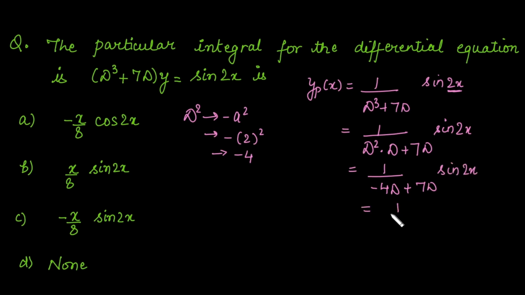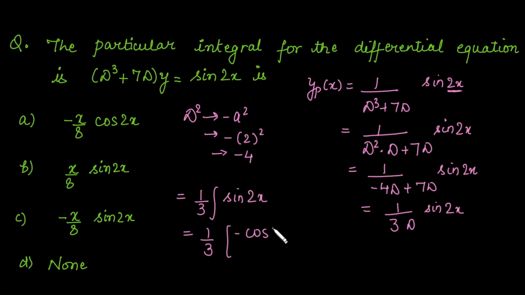So this is equal to 1 upon 3d sine of 2x. So 1 by d stands for the integration. So 1 by 3 integration of sine 2x. So what is the integration of sine? That is minus cos 2x divided by 2. So the answer is minus cos 2x by 6.